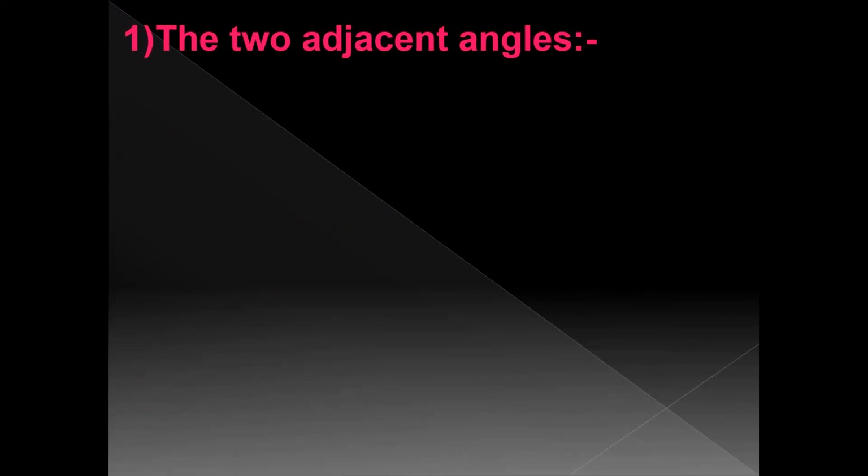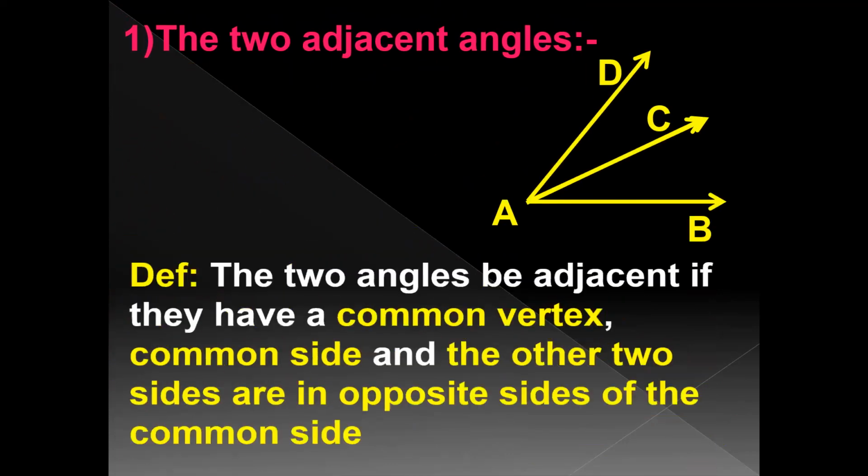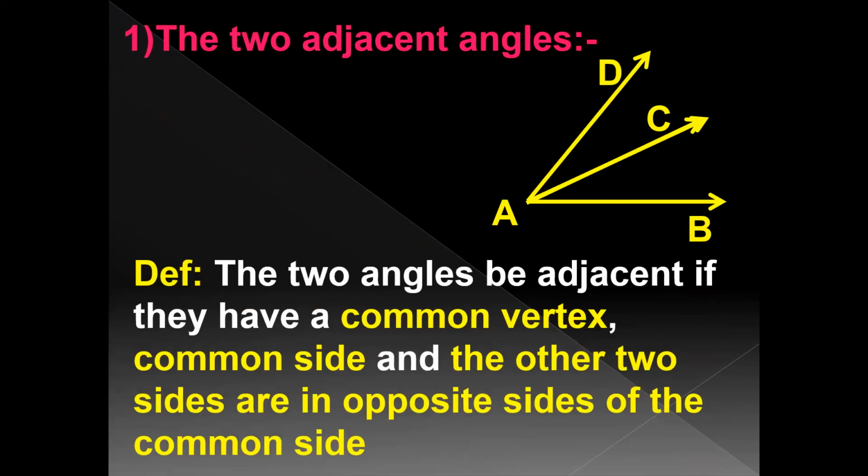The first part in our lesson is the two adjacent angles. What is the meaning of two adjacent angles? Two angles are adjacent if they have a common vertex, a common side, and the other two sides are in the opposite sides of the common side.